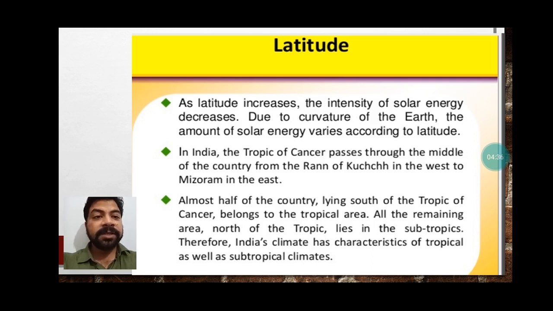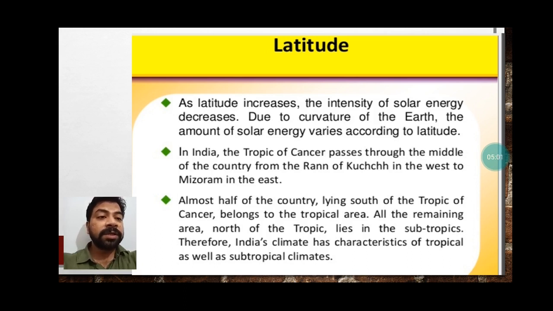That's why this statement is mentioned: as latitude increases, the intensity of solar energy decreases. It means when you travel from 0 degree and cross each and every degree and reach up to 90 degree, your latitude increases and reaches the zenith level, but at that place you will not receive very hot, you will receive cold.